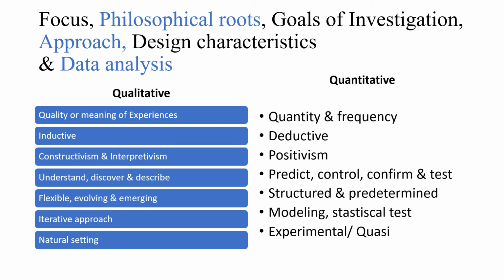When we draw upon those two in order to minimize the limitations of a particular method and maximize its outcome, we use mixed methods, which is the combination of both.